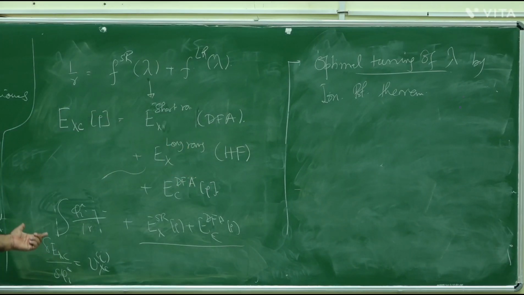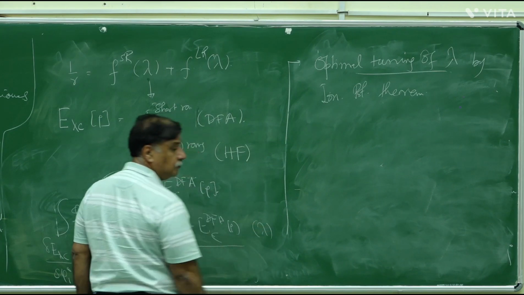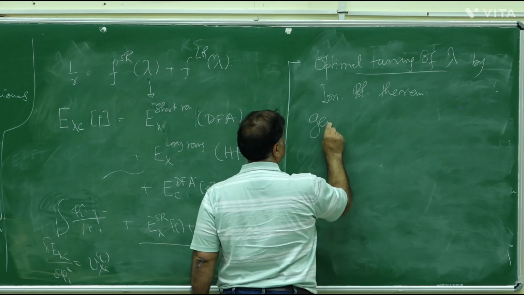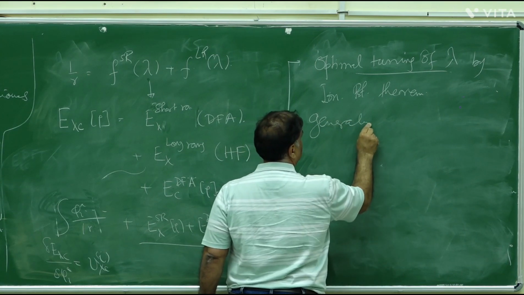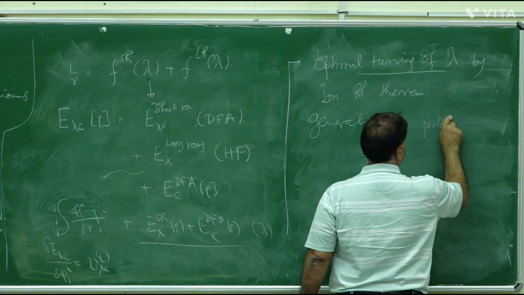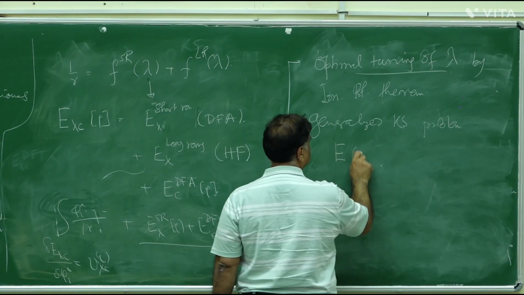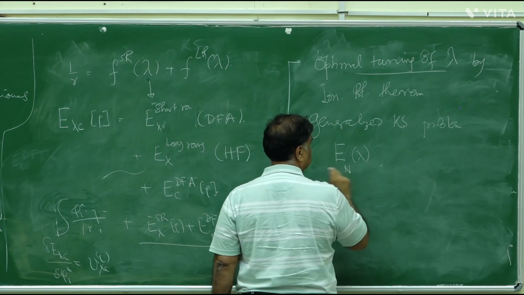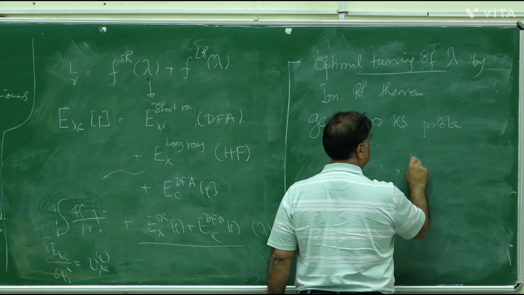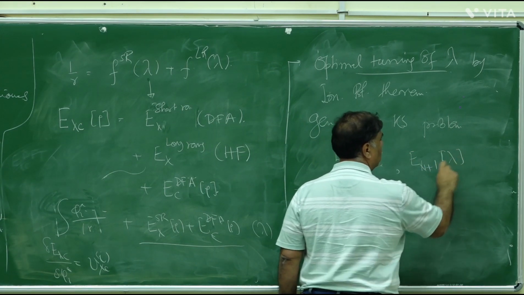So what we will do, all this calculation will be a function of lambda. Solve the generalized KS problem and calculate E as a function of lambda, E for n electrons as a function of lambda. Calculate E n plus 1 as a function of lambda.